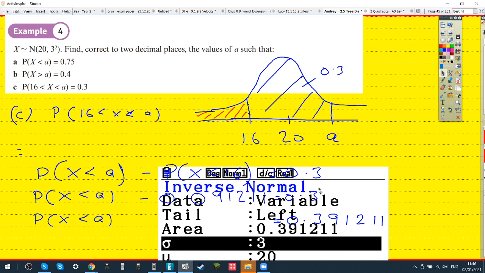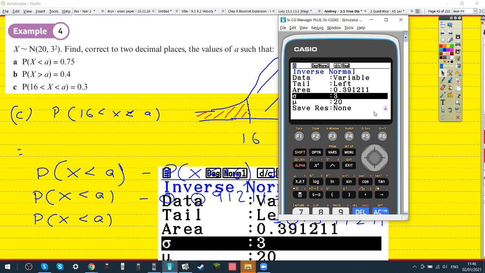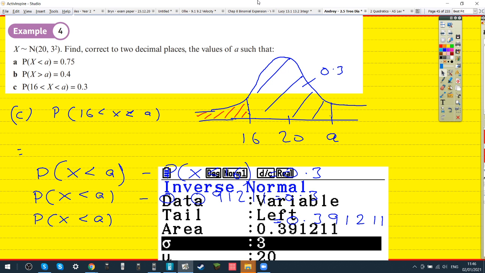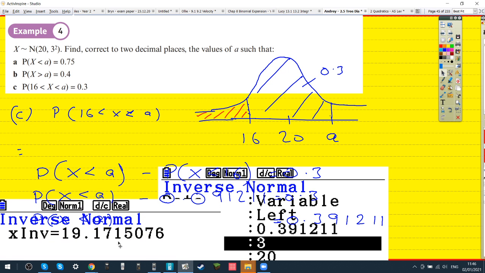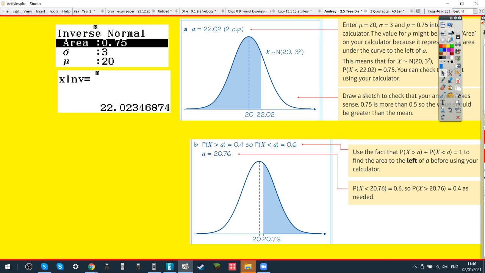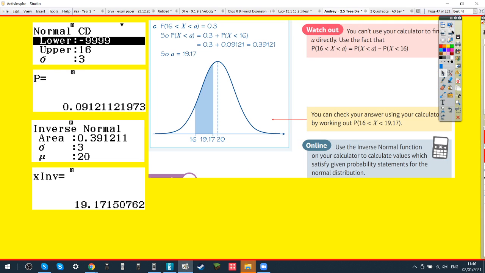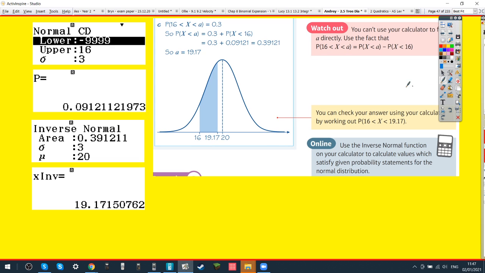Put that there. And so we believe it's 19.2 to 3 sig fig. And so this is what they look like. And there we go. 19.2. Okay, so I thought it was on the other side. I sketched it as being over here because I didn't know any better. It's actually less than the mean.